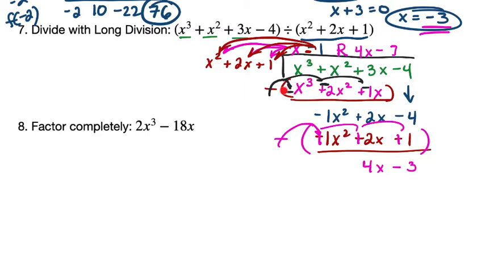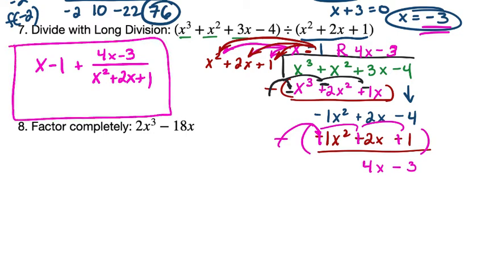I can divide x squared into x cubed. I can divide x squared into x squared. I can't divide x squared into x. And so we do write our answer as our quotient, x minus 1, plus our remainder over our divisor, which was the x squared plus 2x plus 1. There would be our final answer.